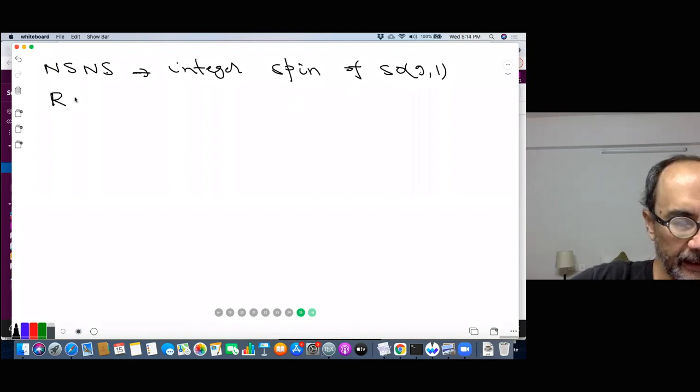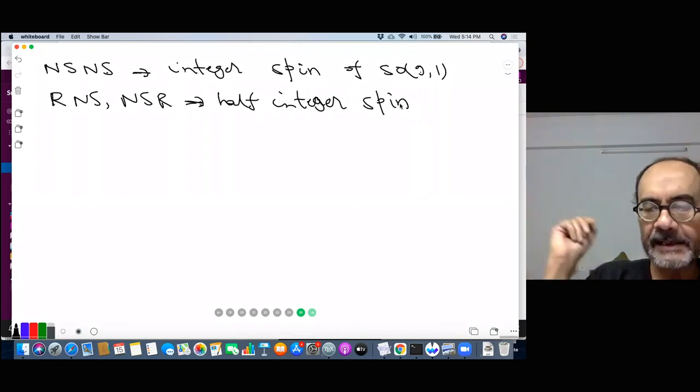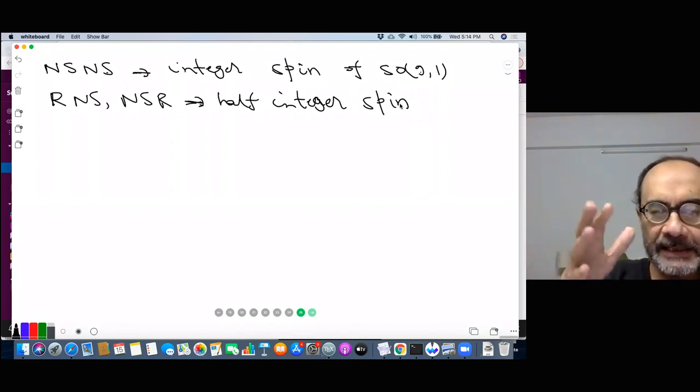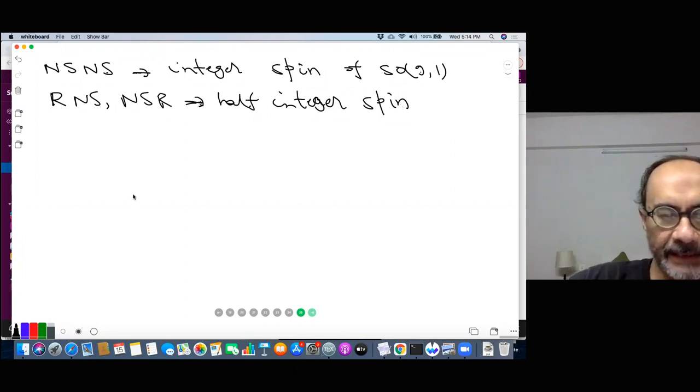RNS and NSR states have half integer spin, because on one side it has a spinor index, and on the other side, of course, it's like NS, so it has only a vector index. So when you combine them, you get spinor states. These describe physical space-time fermions.